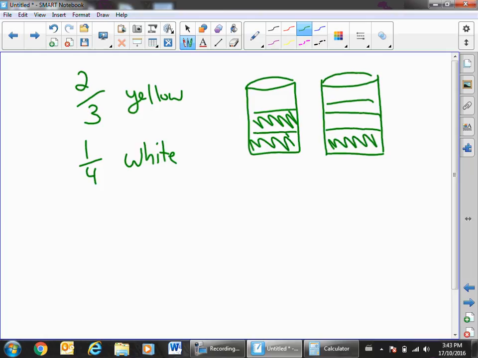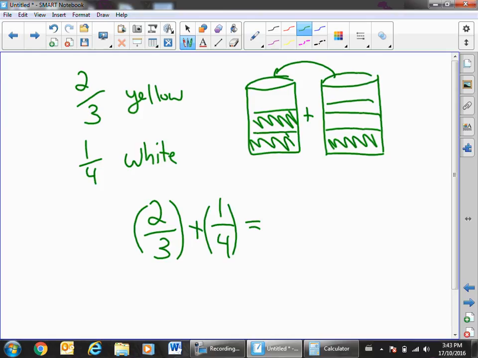What they're going to do is put the one can into the other and mix it together. To me, you're adding paint to a can, so that's the operation we're going to be using. We write the equation 2/3 plus 1/4. First we have to make sure our bottoms are the same. Our lowest common denominator in this case is 12.